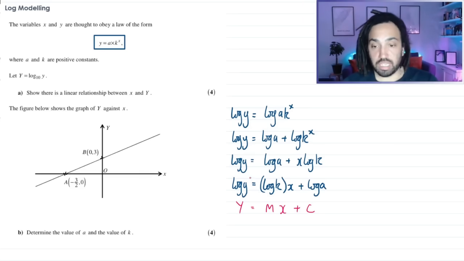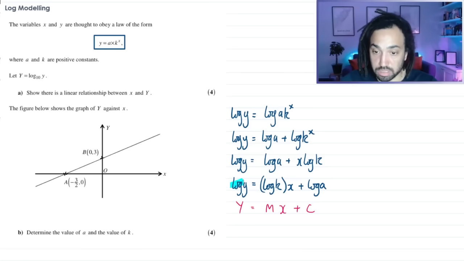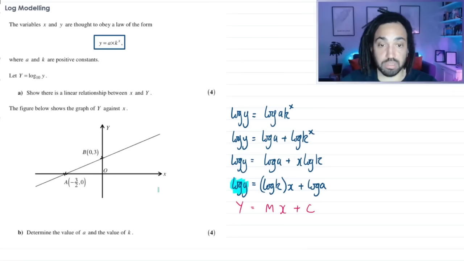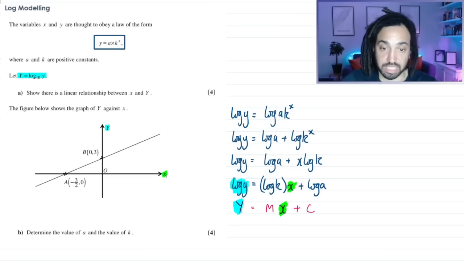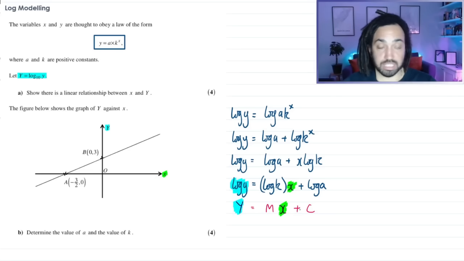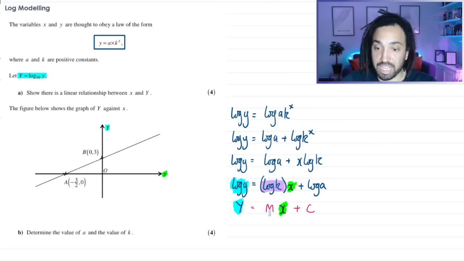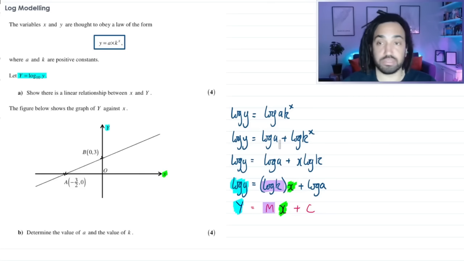So what that means is that if we plot log y as one variable, like we have here, because we're told that log y is going to be capital Y, and then we plot that against the other variable, which is just x, then we should get a straight line because it's in the form of y equals mx plus c. So what does that mean? It means that log k is going to be the gradient.